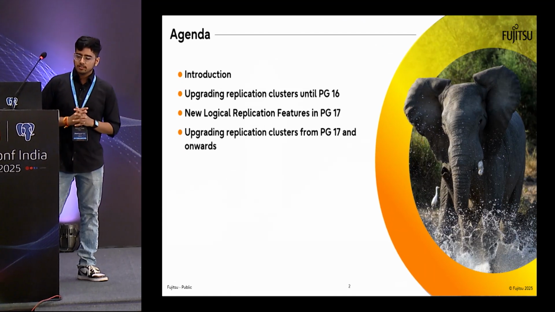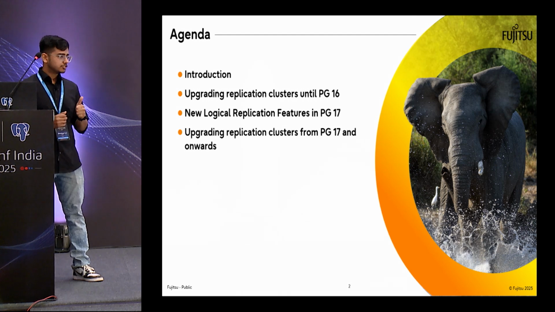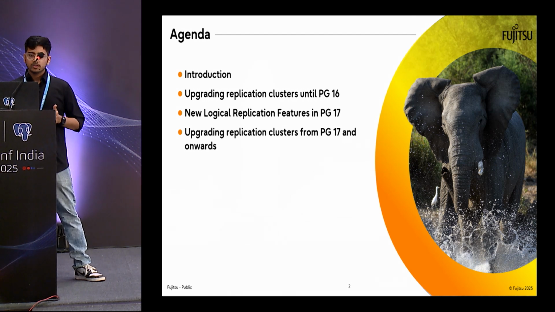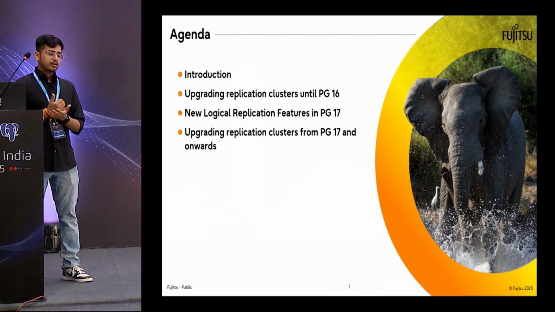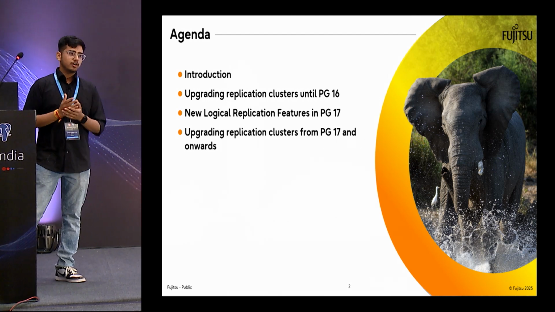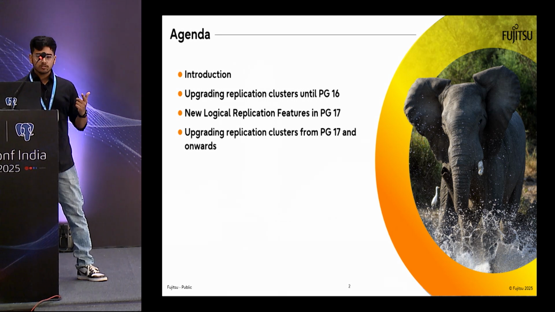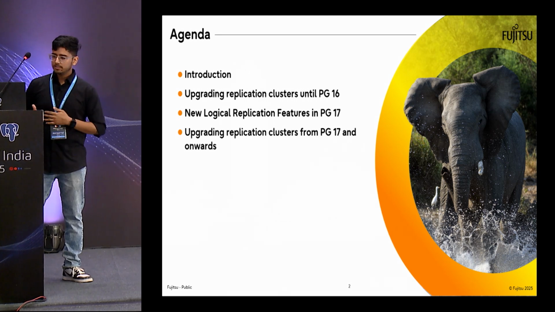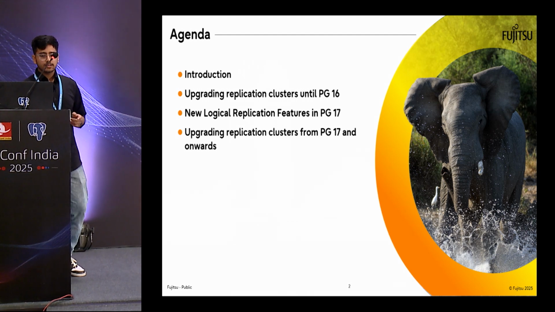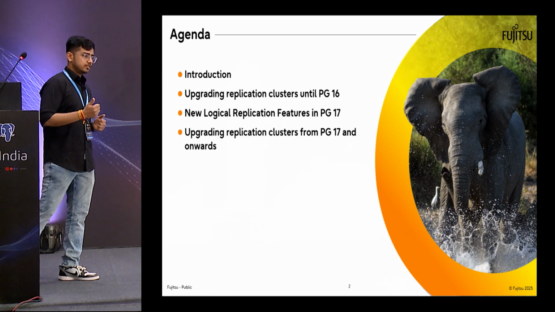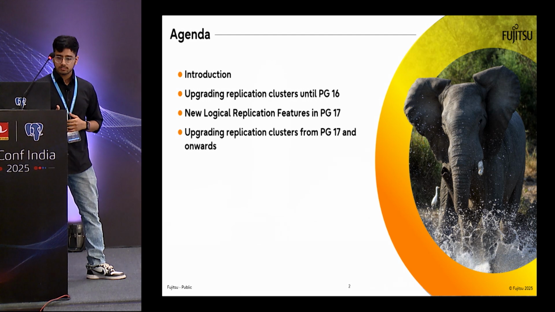So today's agenda is going to include an introduction, where I will talk about what an upgrade is, what different types of replication are present in Postgres, and a little bit about logical replication. Next, I will talk about the steps to upgrade the replication cluster until PG16, how we used to upgrade replication clusters.